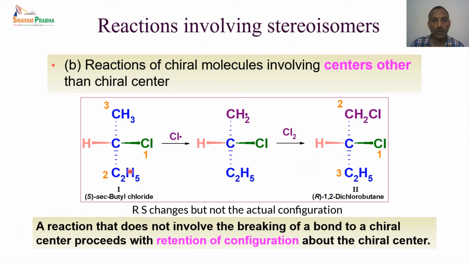In this particular case, even though S and R changed, we should not say there is a change in configuration. We have to say it is a retention of configuration because there is no bond that is broken at the chiral center in this particular case.